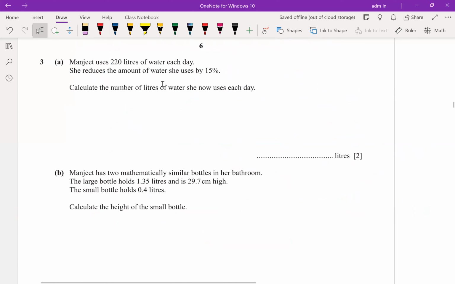Question number 3. Part A. She uses 20 liters of water each day. Each day she reduced the amount of water she used by 15%. Calculate the number of liters of water she now uses each day. When you reduce by 15%: old, decrease, new.